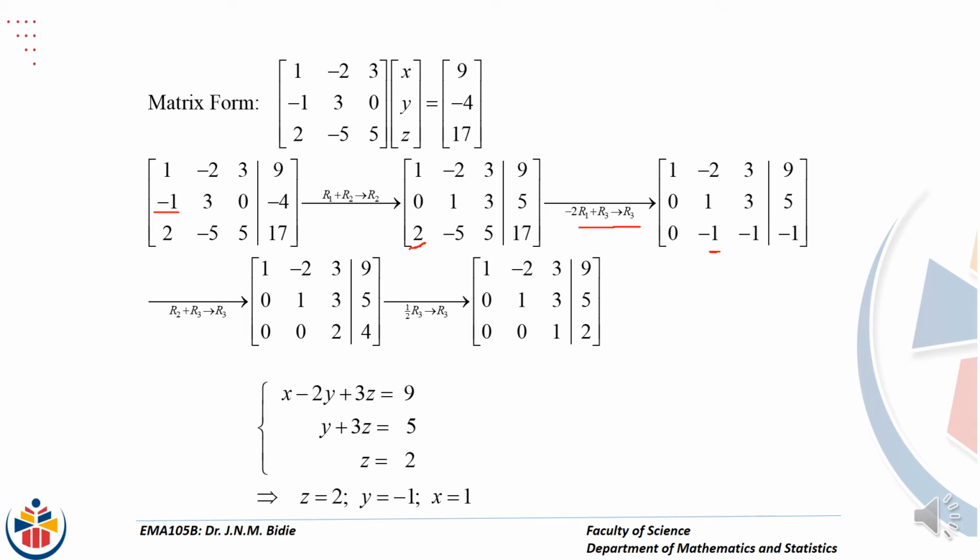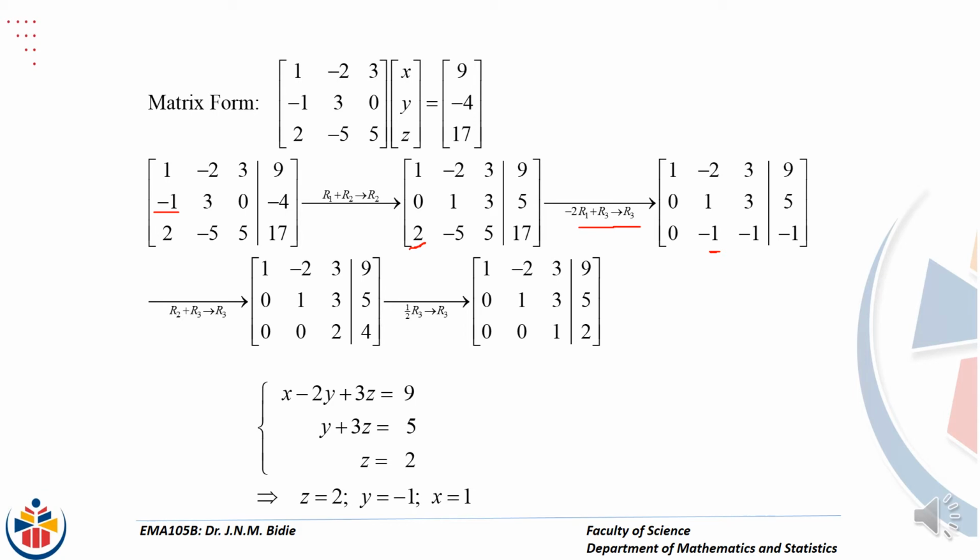So we write here R2 plus R3 and substitute in R3. We add 0 plus 0 is 0. 1 minus 1 is a 0. 3 minus 2 minus 1, that gives us a 2. 5 minus 1, that gives us a 4.